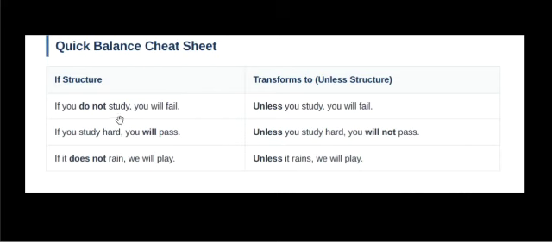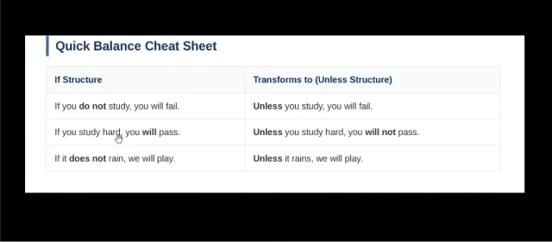Simple as that. So just identify the positive part or negative part of that sentence and change it in your transformation. So this sentence will be unless you study, you will fail. Full stop. We've done that. We have applied all our steps and our strategy here.